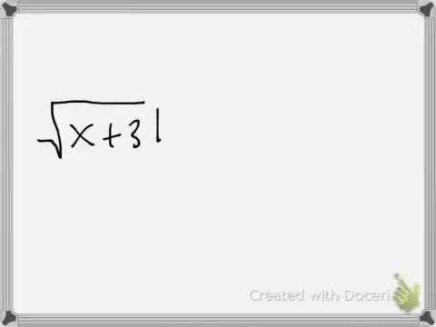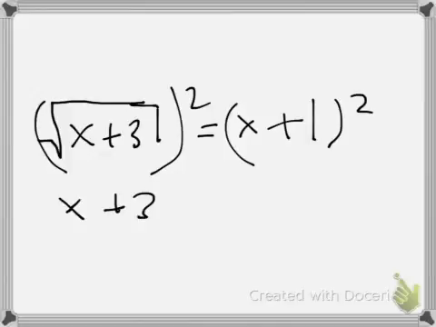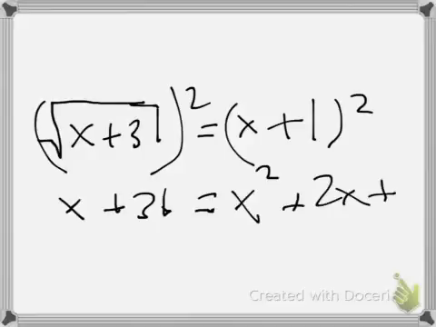So if I were given the square root of x plus 31 equals x plus 1. First of all, you want to get rid of the radical sign, so you would square it. So you would end up with x plus 31 equals x squared plus 2x plus 1.